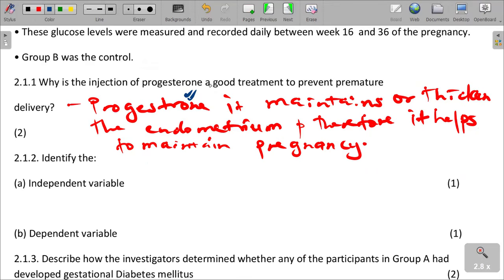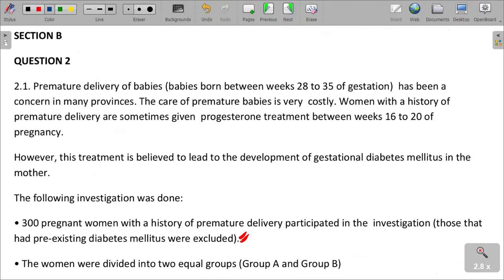Identify the independent variable and also the dependent variable. If you look at this, you read the question from where the statement says the following investigation was done. 300 women with a history of premature delivery participated in the investigation.